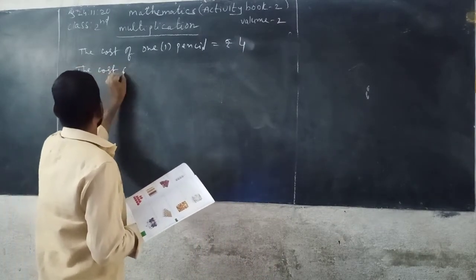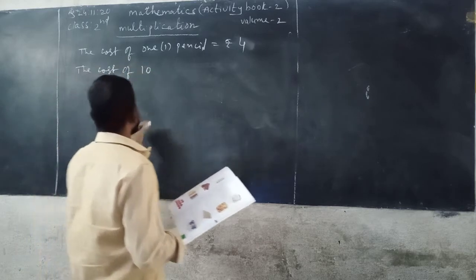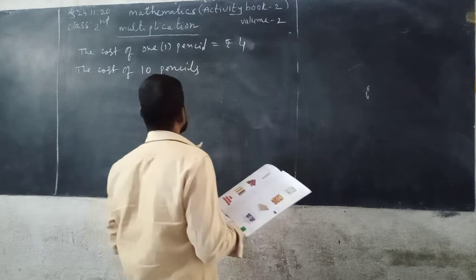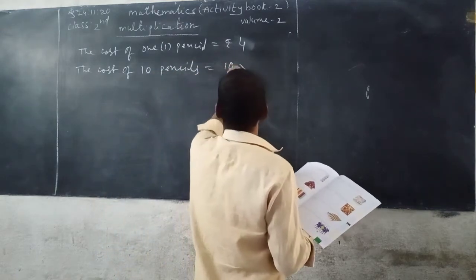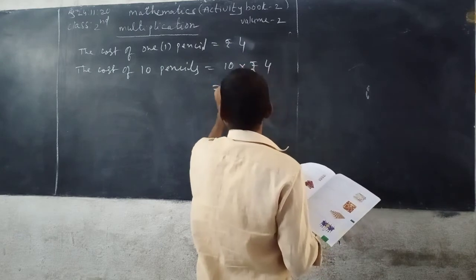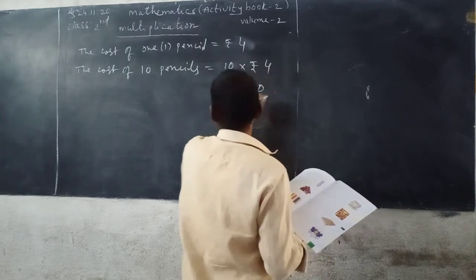The cost of 10 pencils is equal to 10 into 4 rupees. So 10 4s are 40 rupees.